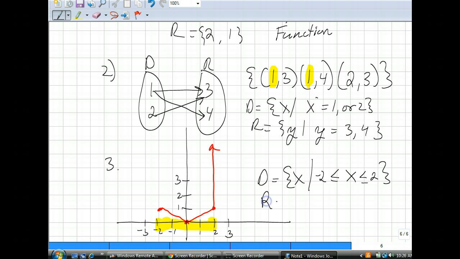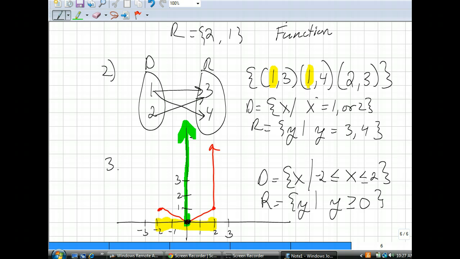The range, remember, are my y values. Well, the smallest y value I have is here, and then I keep going up forever. So my range is all y such that y is greater than or equal to 0, because 0 is the smallest y value I have, and then I just keep going up.